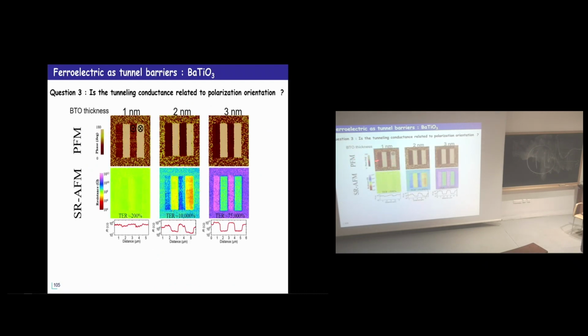Yes, BTO can be ferroelectric at very small thicknesses, as you can see here. And yes, thanks to the scanning resistance AFM, there is a huge difference in the tunneling transmission of up or down polarization orientation. This was the first demonstration of ferroelectricity-related tunneling electroresistance just by scanning probes. So it can be fun too, huh?